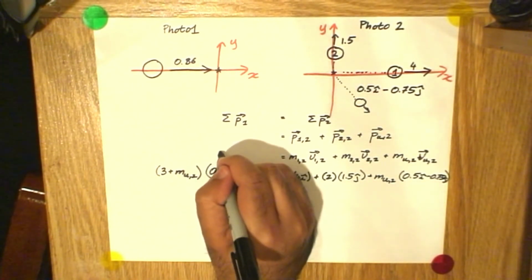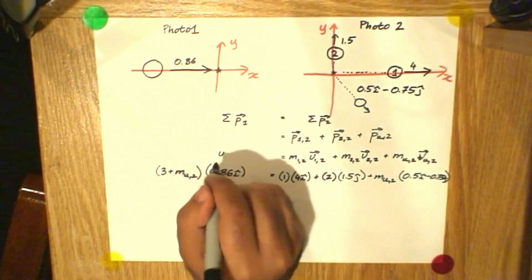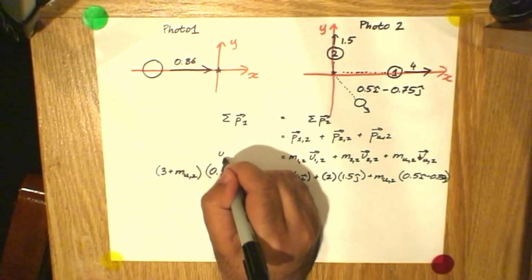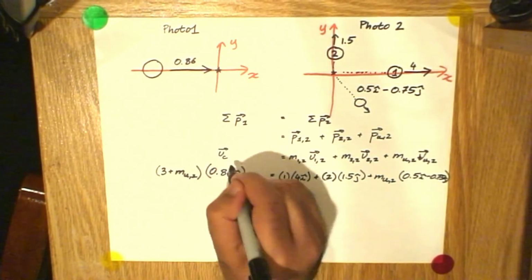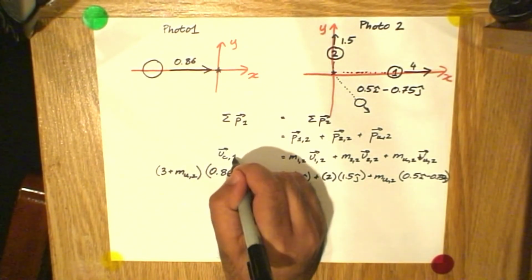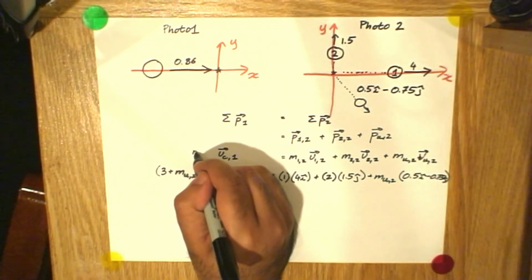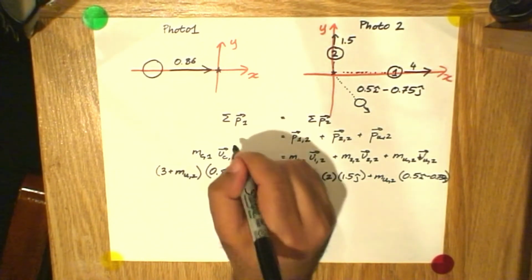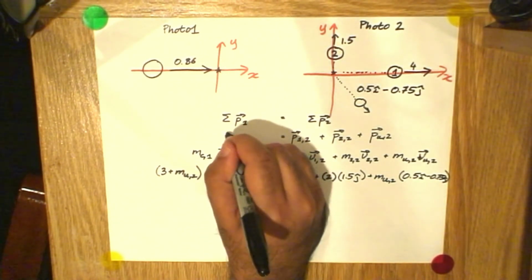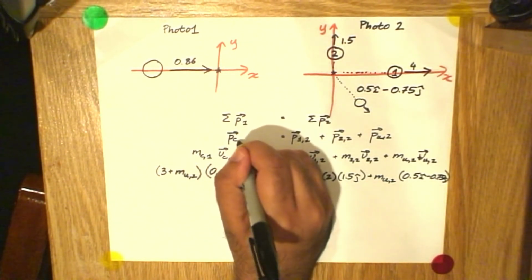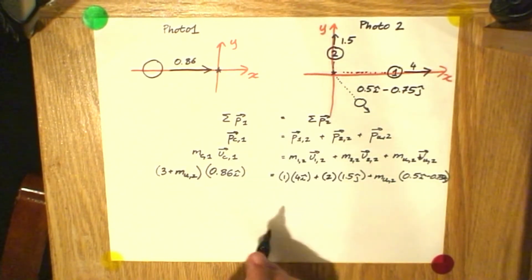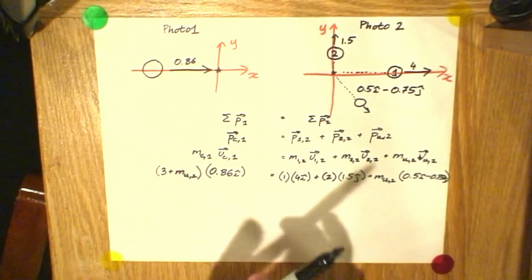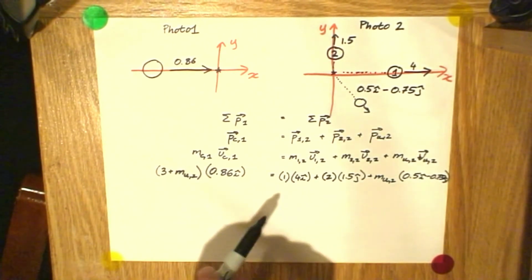So the velocity of the combined object, so maybe we could call it v sub c for combined object, in photo 1 gets multiplied by the mass of the combined object in photo 1. And we could call this the momentum of the combined object in photo 1. So, what does this mean? Let's pause for a second before we continue our calculation.